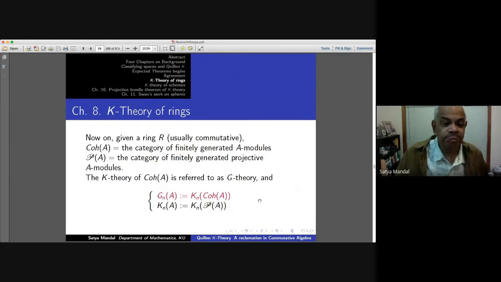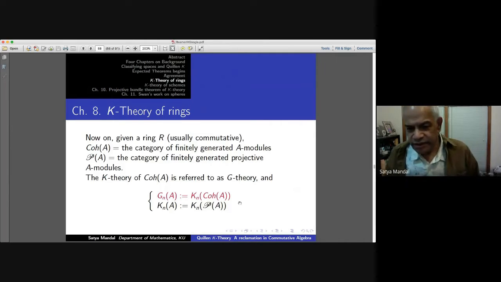Okay, good. What else can I do? So K-theory of rings. I'm trying to set up some notation. I use COH of A for the category of finitely generated A modules, and P of A is the category of finitely generated projective modules. Then I will use the notation GN.